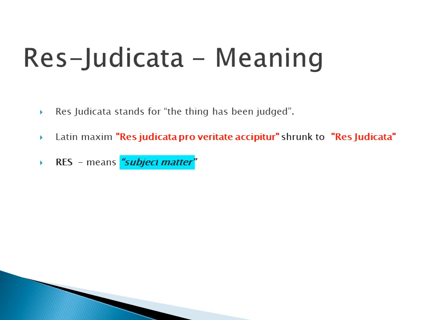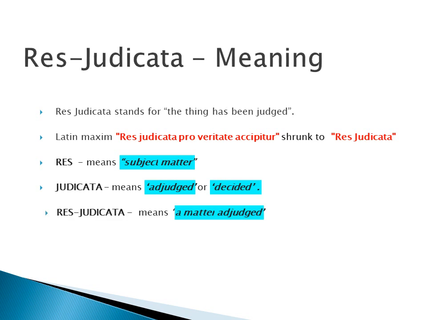Res means subject matter. Judicata means adjudged or decided. Together it means a matter adjudged. In simpler words, the thing has been judged by the court. The issue before a court has already been decided by another court and between the same parties.